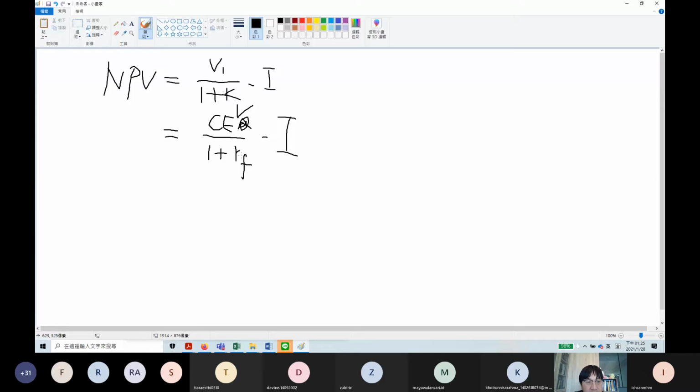Don't forget the number in the denominator relative to the number in the numerator. I mean K relative to V1, and RF relative to the CEV.